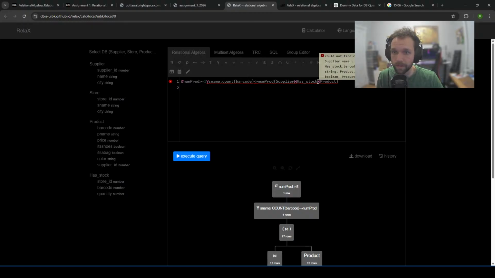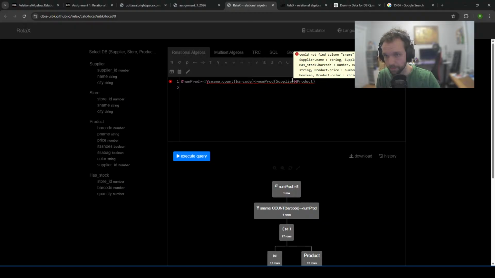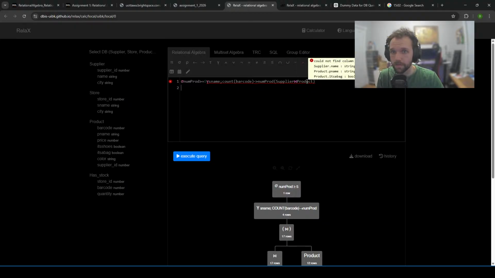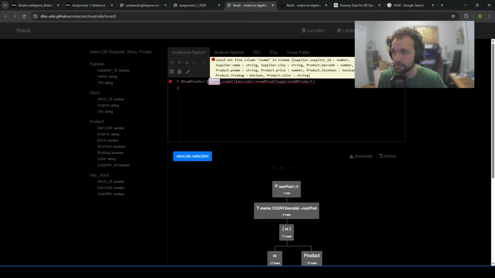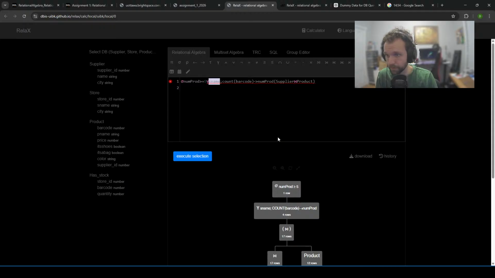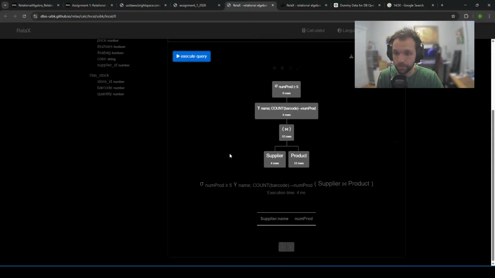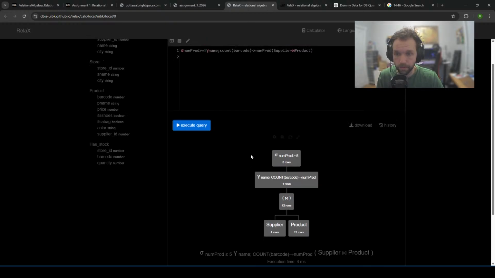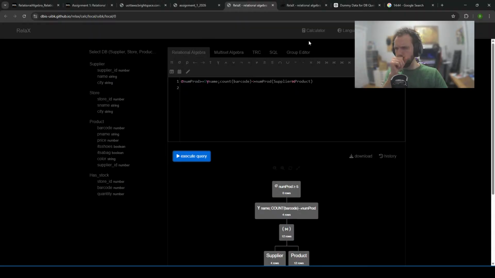Okay, no, supplier and product. Could not find column S name. Oh, silly me. Group by supplier ID. Or name, just name. Execute query, 8 rows. No, 0 rows. That doesn't seem right.